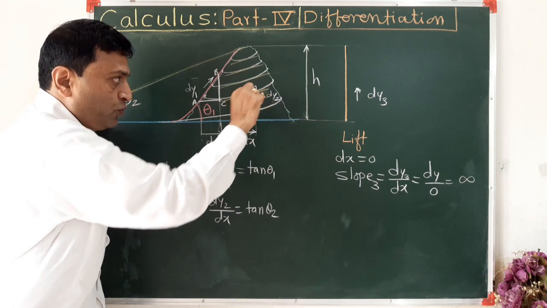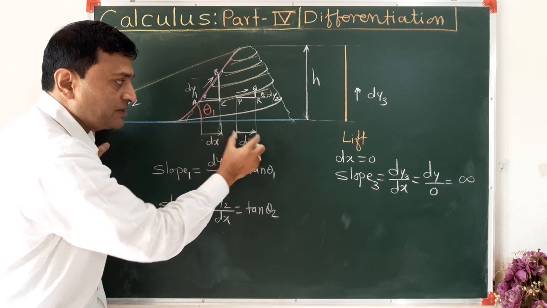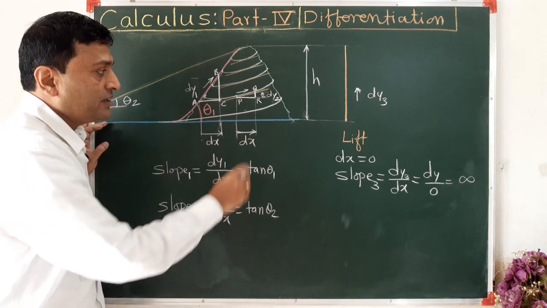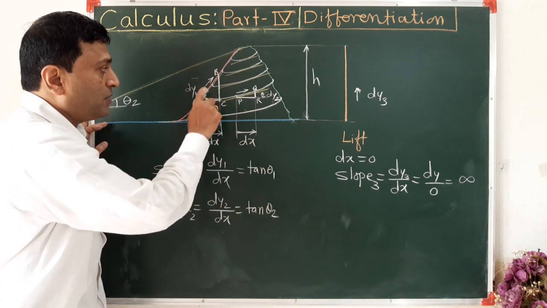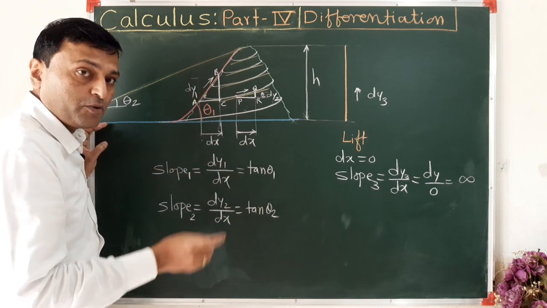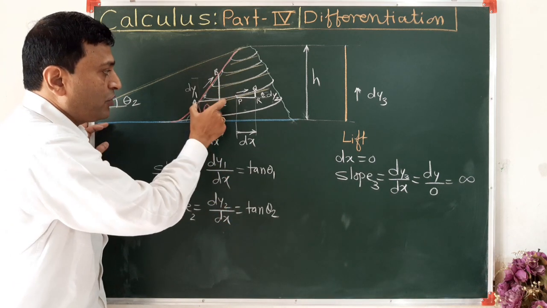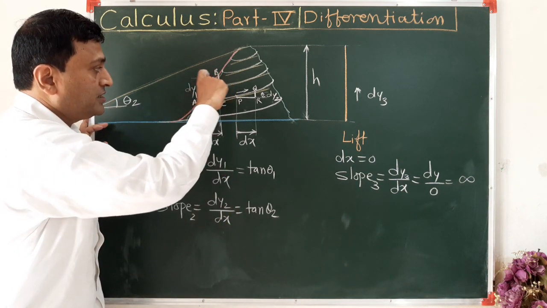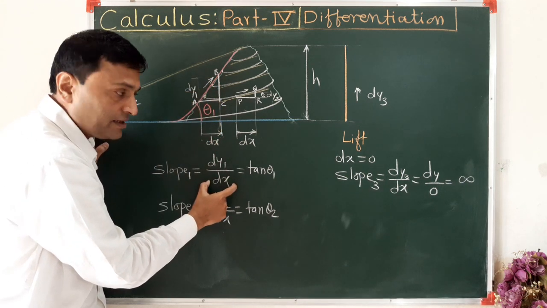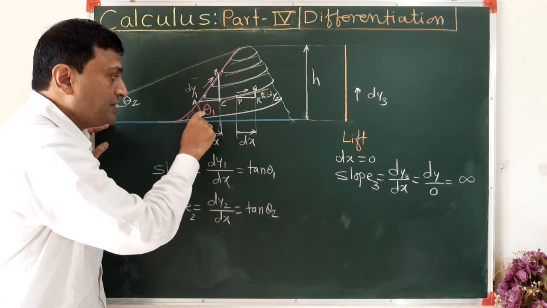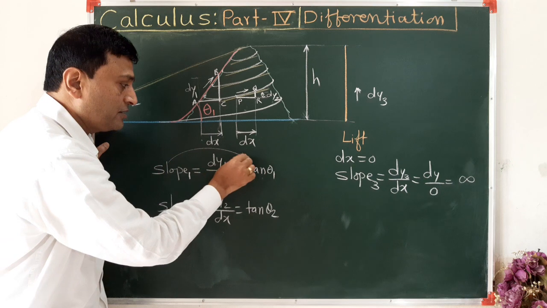You can observe this QR is small compared to BC, but the horizontal displacement is the same. This path has less slope, this path has more slope. From your geometry point of view, BC upon AC, this change in y upon change in x, is nothing but the tangent of the angle, tan theta. So slope is nothing but tan theta.